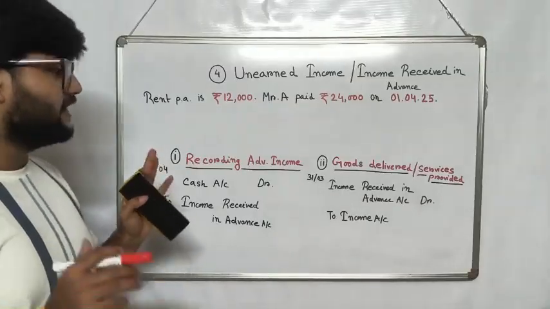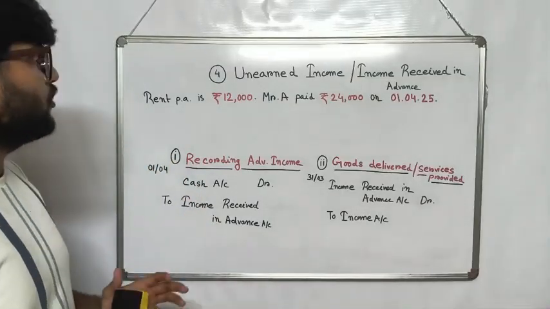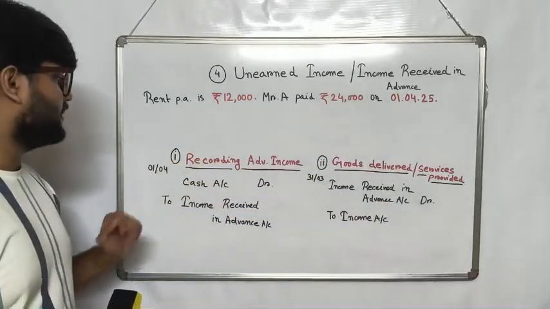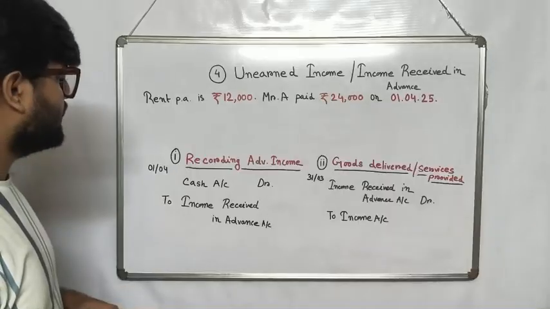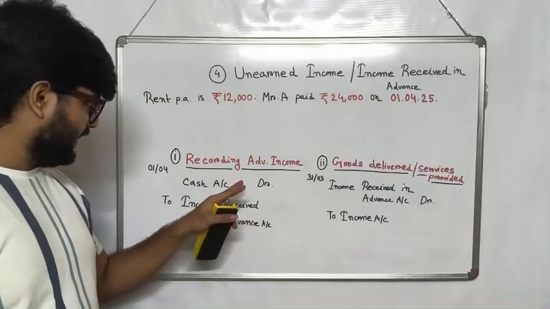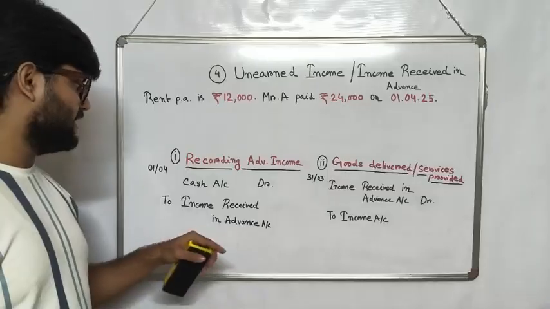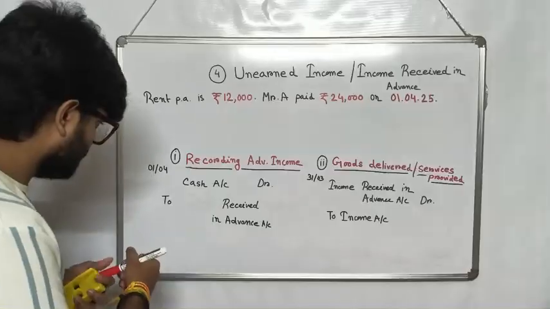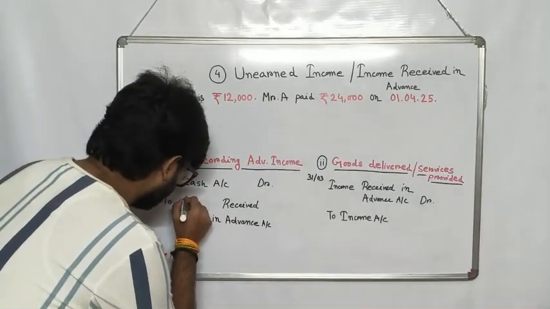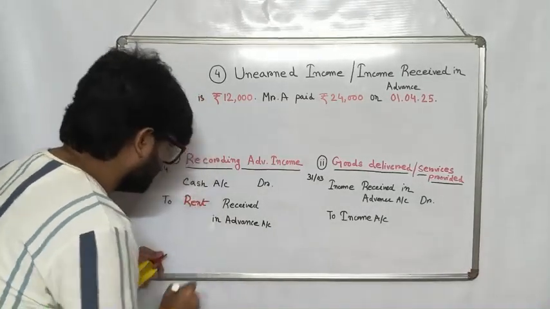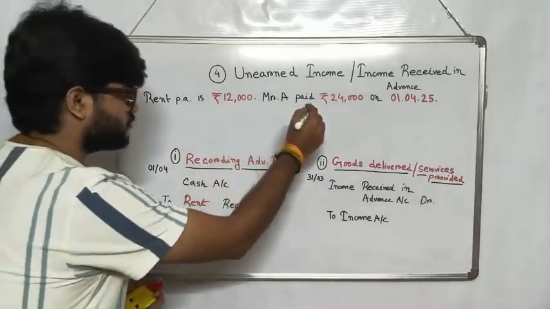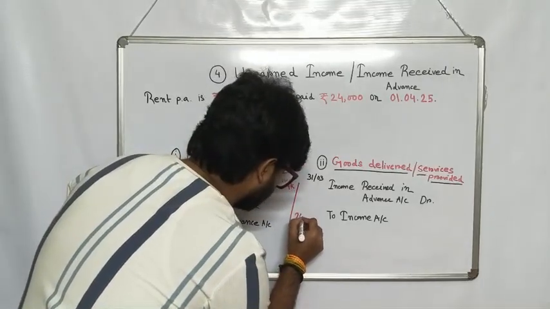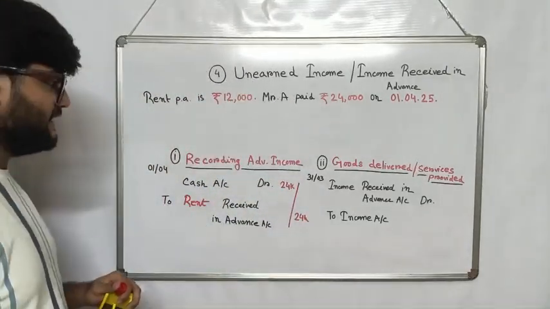So first of all, on the day of receiving the advance income, that is 1st of April 2025, the journal entry will be cash account debtor to income received in advance. It will change to rent received in advance. I'm writing it down. Rent received in advance, that is rupees 24,000, the actual amount that has been received on that day. Okay.